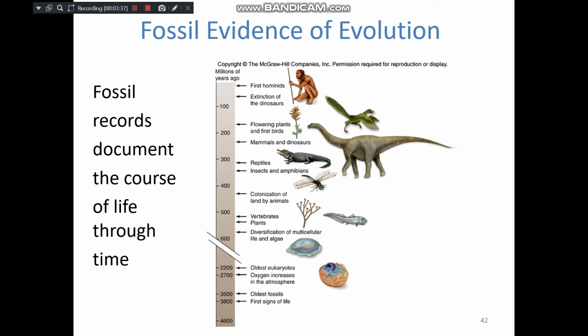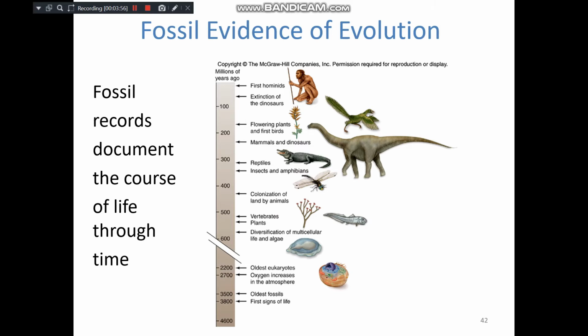So fossil records document, based on that we can say that something 3,800 million years ago was the first sign of life, and 3,500 million years ago, the oldest fossil record that we got.